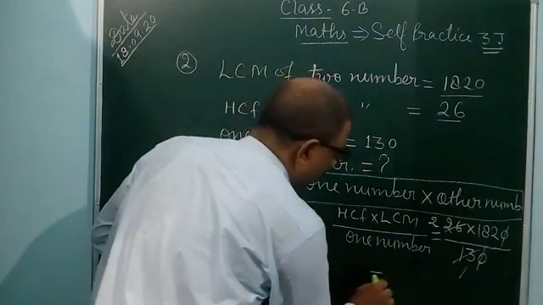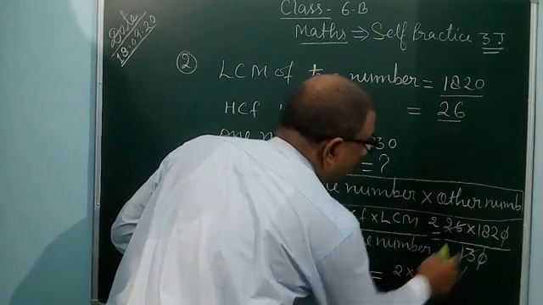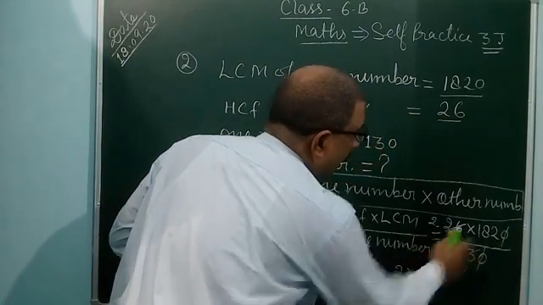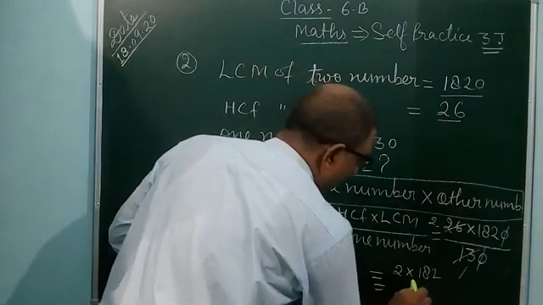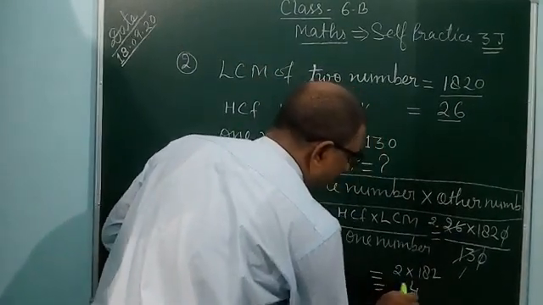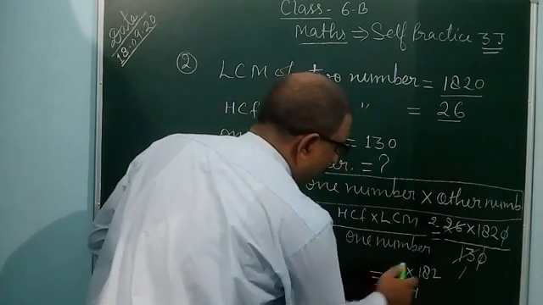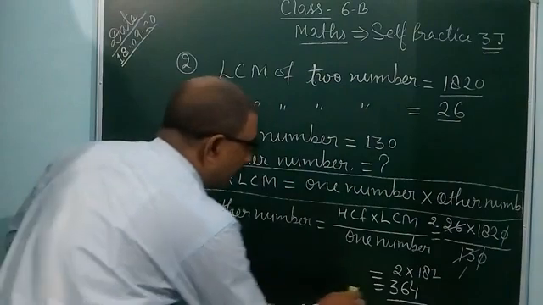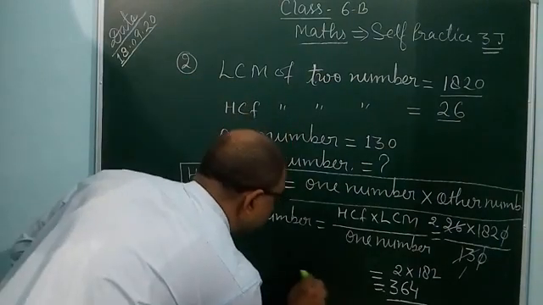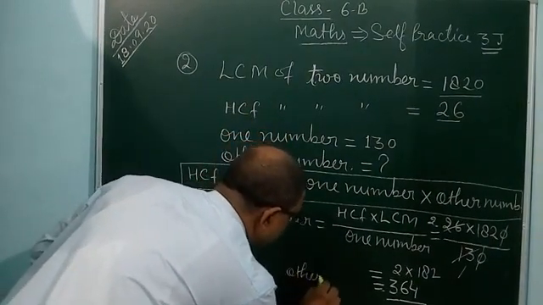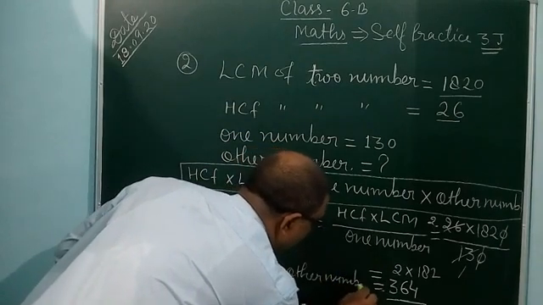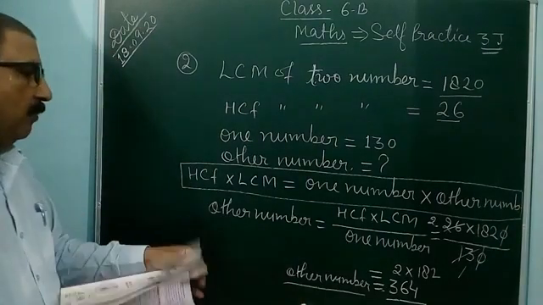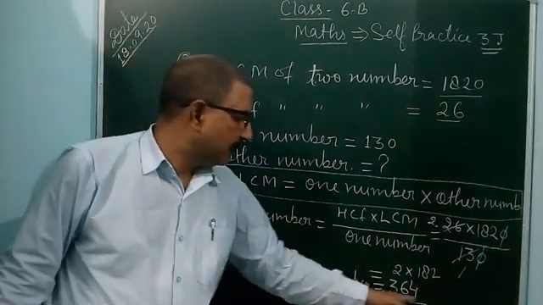So now you have 2 multiplied by 182. 2 fours are 8, 2 eights are 16, 6 and 1 carry, 2 ones are 2 and 1, 3. So 364. Other number is equal to 364. Now you have the answer.